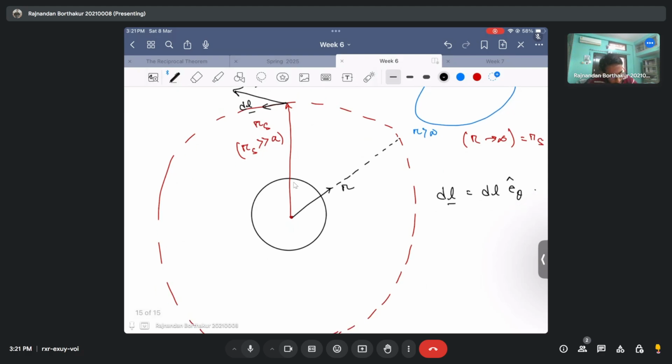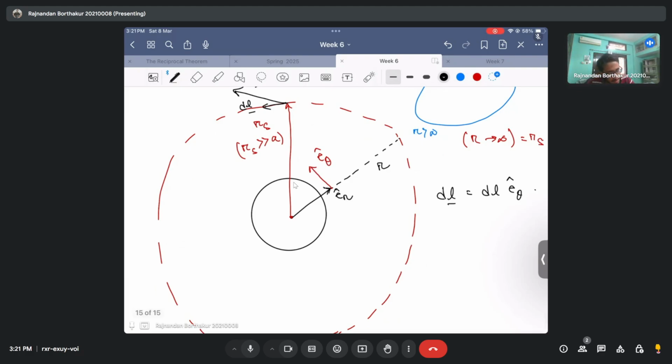So this is r, this is any generic r, this black vector is er hat, that we all know, the cylindrical radius, and er hat basically denotes the unit vector in that direction, and then this is what e theta will essentially look like. So the point is that I'm choosing a closed curve which is circular, meaning that dl bar is just going to be dl times e theta.